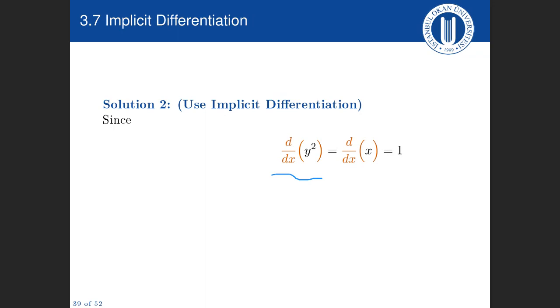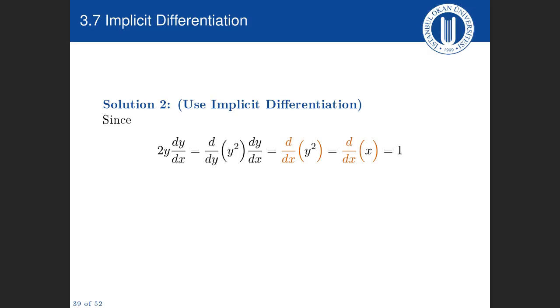Now it's time to use the chain rule, because d dx of y squared is the same as d dy of y squared, dy dx. That's just the chain rule, nothing new there. And the derivative of y squared with respect to y is 2y. So we have 2y dy dx is equal to 1.